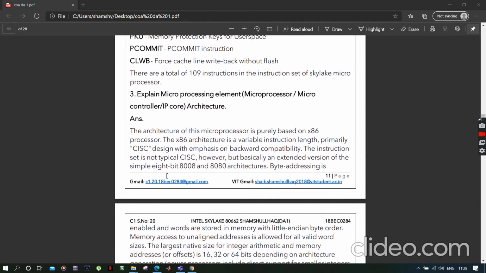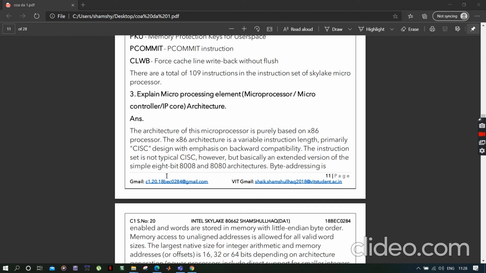And here is the third question: explain the microprocessing element architecture. The architecture of the Intel Skylake microprocessor is purely based on the 8086 processor, primarily a CISC design with emphasis on backward compatibility.